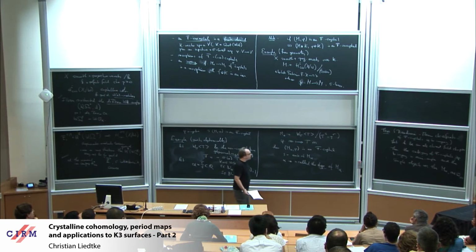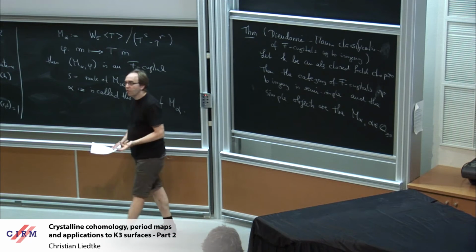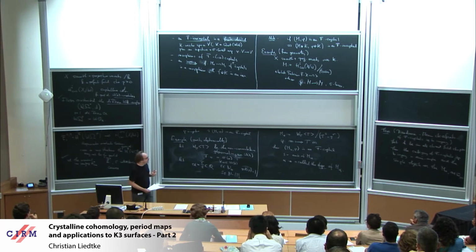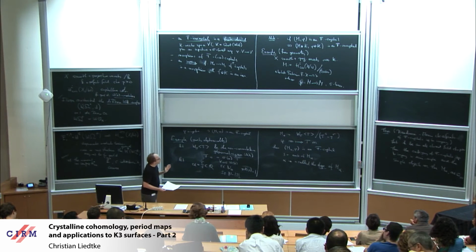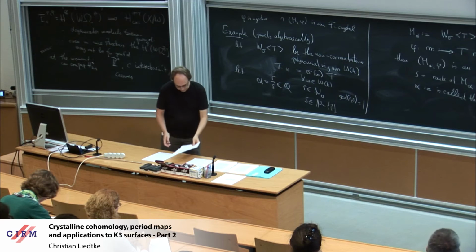The Dieudonné-Manin classification tells you that up to isogeny, we already understand what crystals are. It's getting, of course, much more complicated, and we will see in a second why, if you do it without up to isogeny. But at least it should give you an impression that these objects are something you can actually work with.